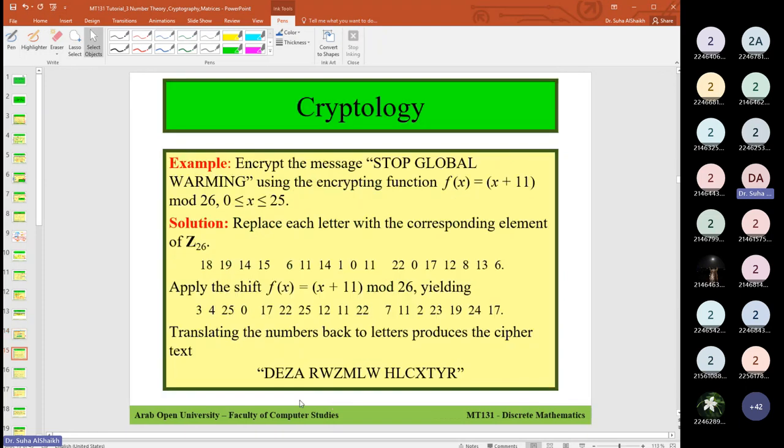Now, not all the time an example is like adding 3. Caesar's encryption, the famous encryption that we have, is adding 3. Sometimes I want to change it so that no one knows my strategy. So you can add 11 for example. So this is an example: f of x is x plus 11. It means every letter will move 11 letters forward. Okay?